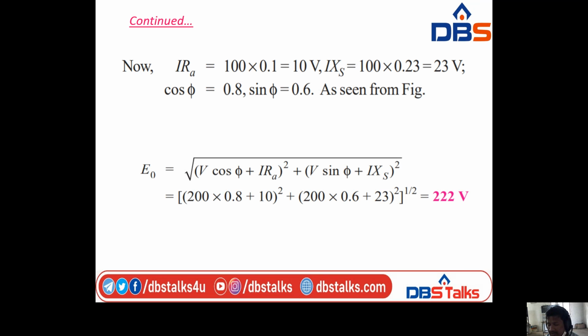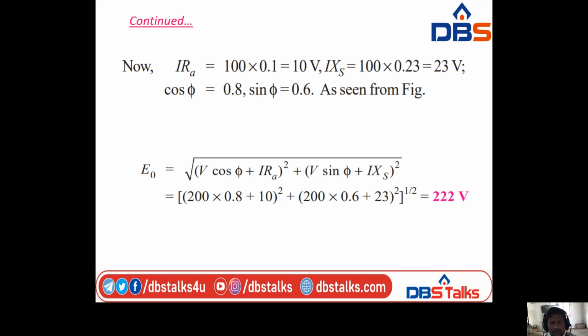Now to determine the voltage regulation, first we have to determine Ia Ra. Ia is 100, Ra is 0.1, so that is equal to 10 volts. Ia Xs is 100 into 0.23, equal to 23 volts. Cos phi is given as 0.8 lagging, therefore sin phi is 0.6.